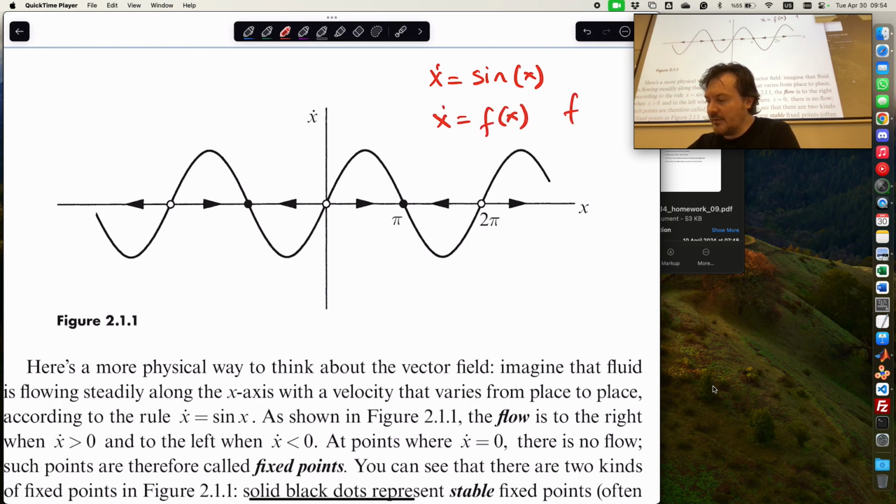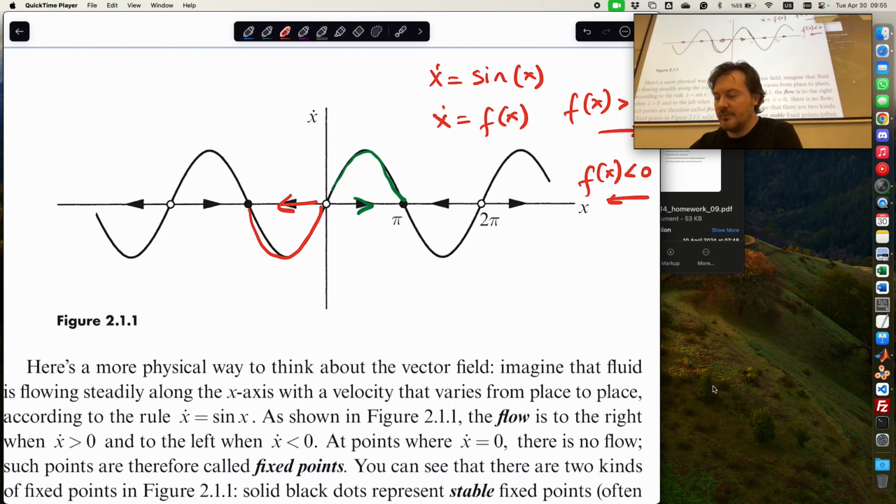Whenever f of x is greater than 0, move to right, right? x increases. Whenever f of x is less than 0, move to left. So you draw this, and you notice that over here, f is positive, so we move to right. Over here, f is negative, so we move to left, right? So you immediately see these points.